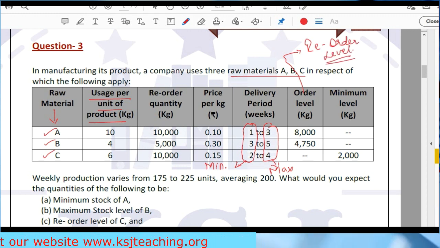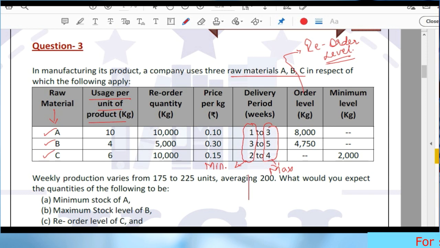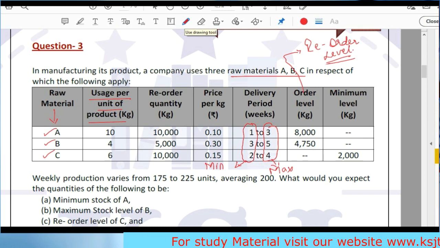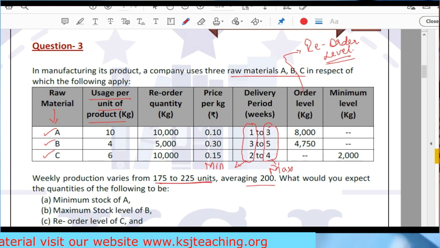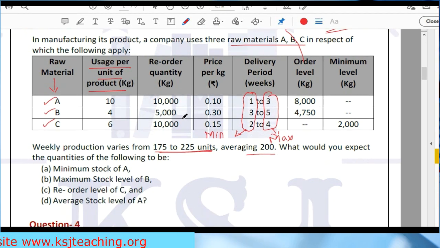We are given the minimum level for C, that is 2000. The weekly production varies from 175 to 225 units, averaging 200. What would you expect the quantities of the following to be? Minimum stock of A, maximum stock of B, reorder level of C and average stock level of A.